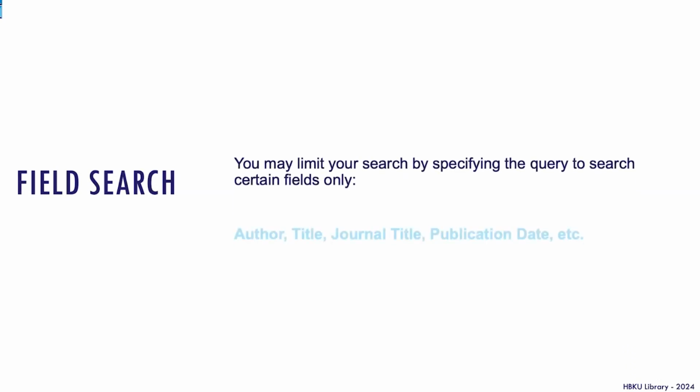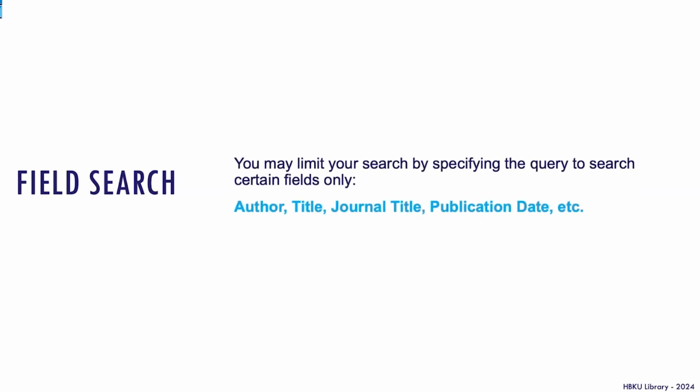Another technique you can use that will be more focused and more relevant in your search is called field search. It's usually available in the advanced search of databases, and we will see that when we come to the live demo. You can search specifically the field of the authors. If you're interested in an article written by a certain researcher or academic, you can search by author, or by title or words in the title itself.